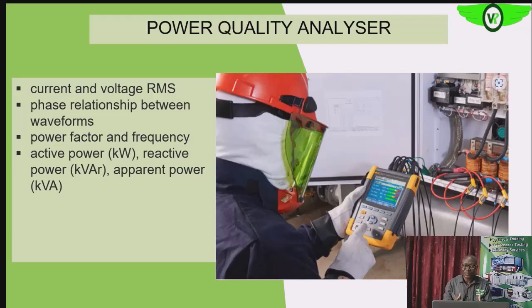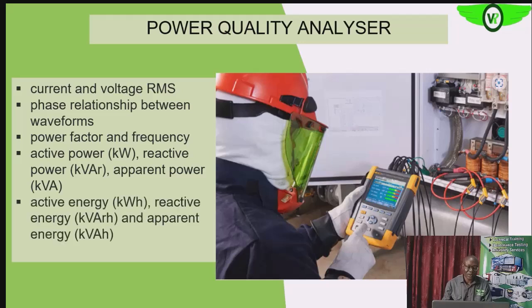We'll see them so that we'll have an idea of the usable power and what to do in order to correct the power factor in our system. The active energy, the reactive energy, and the apparent energy will all be clearly seen in the analyzer. Then the harmonic distortion.